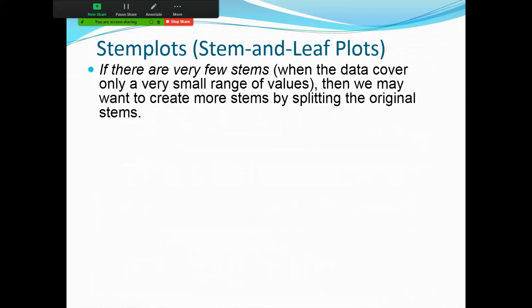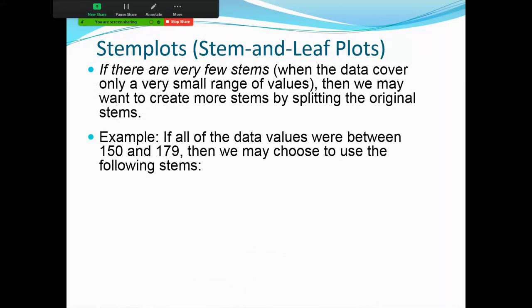If there are very few stems, when the data cover only a very small range of values, then we may want to create more stems by splitting the original stems.